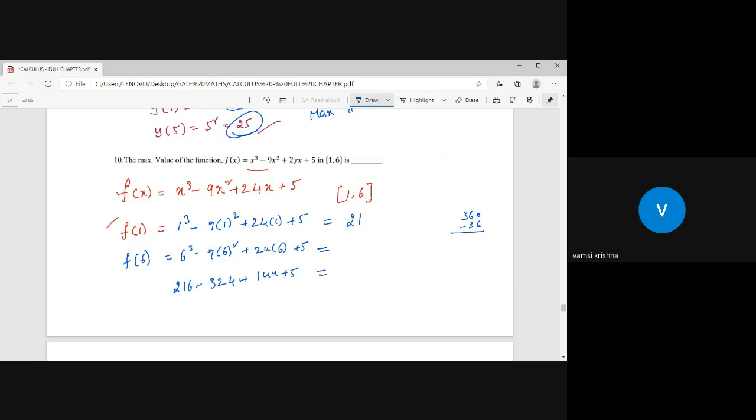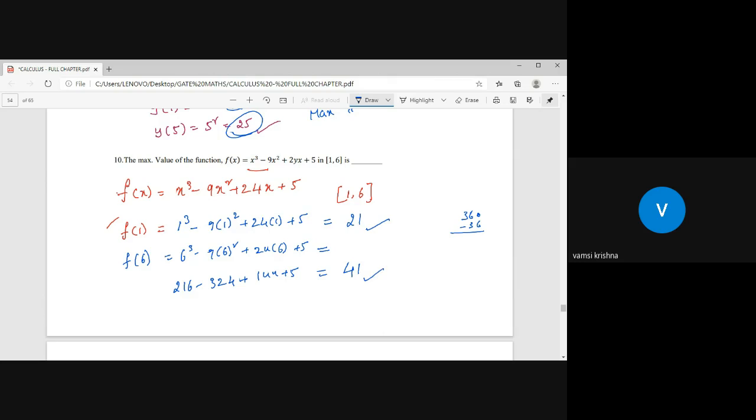Yes, 216, 144. Yes, 41 will be the answer. So the min value is 21 and the max value will be 41. That is the answer.